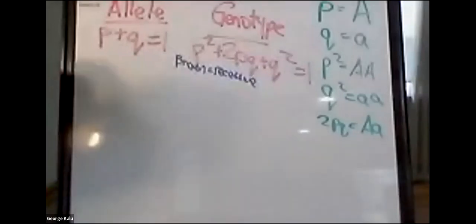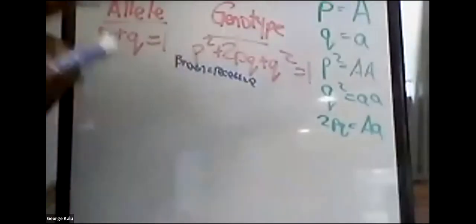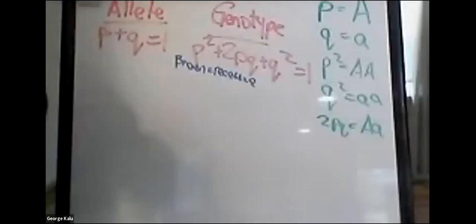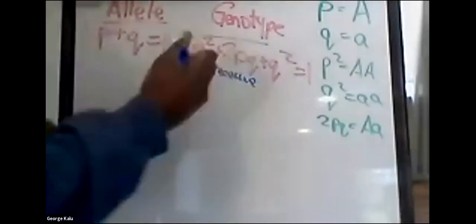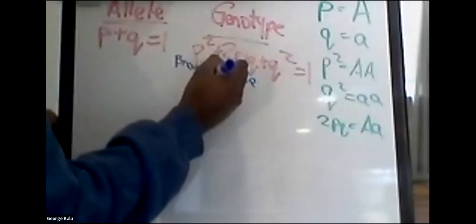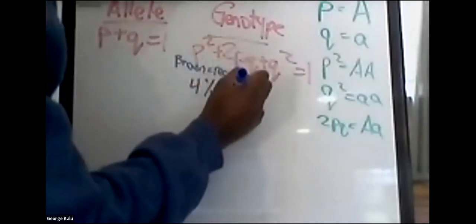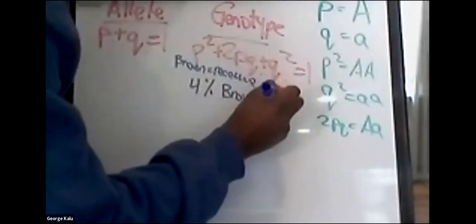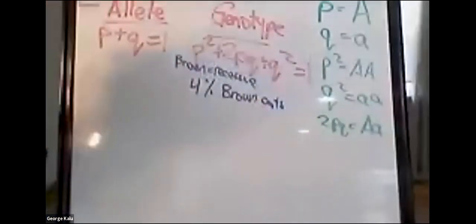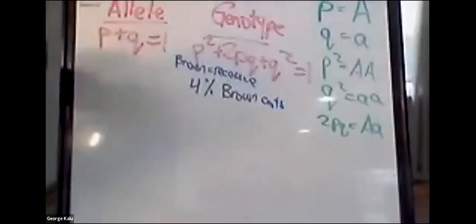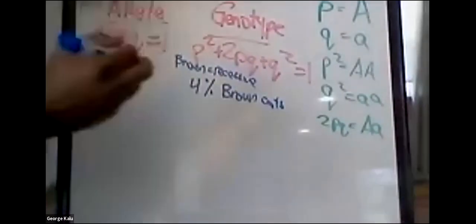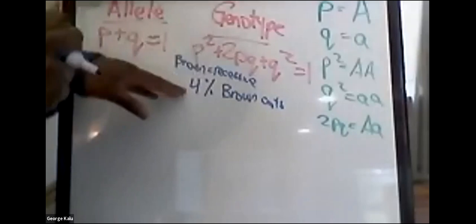So we go in the wild and we find that there's 4% of cats that are brown. Okay. So 4% of cats are brown, and then we should be assuming that the other 96% should be about black. So we start off with our recessive trait.